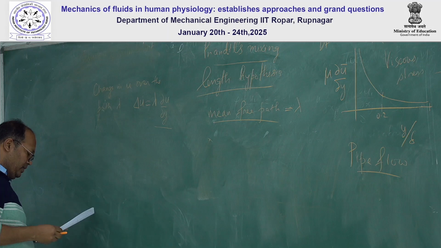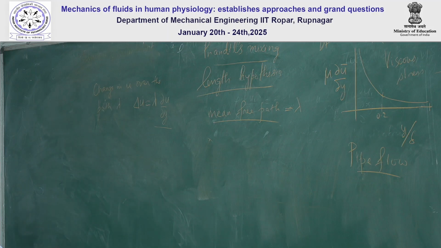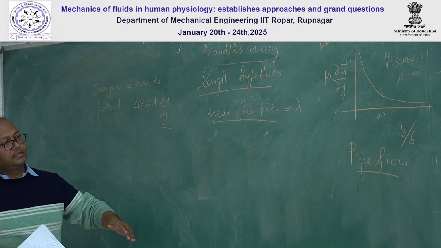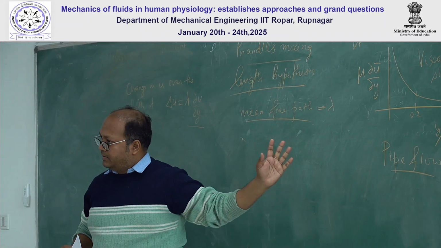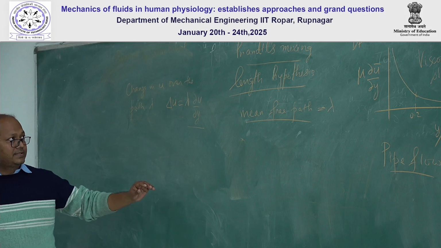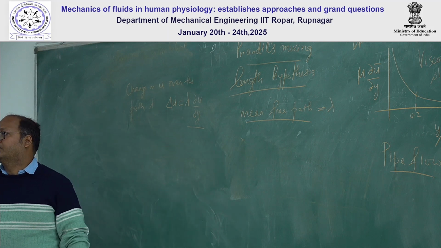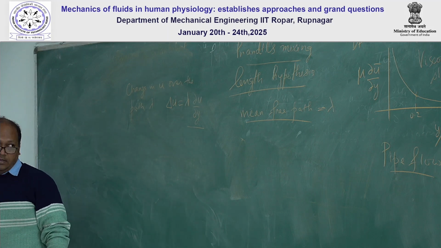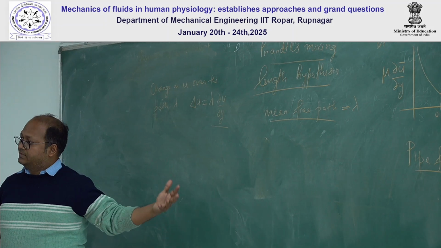Now we said that there are many eddies, multiple scales of eddies. What Prandtl suggested is that due to the existence of so many eddies, they mix with each other and lots of momentum exchange takes place.